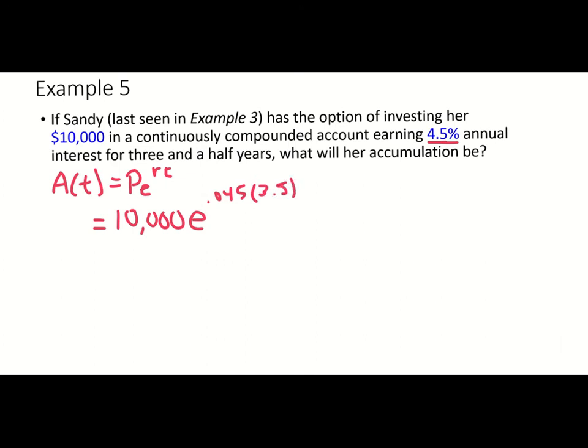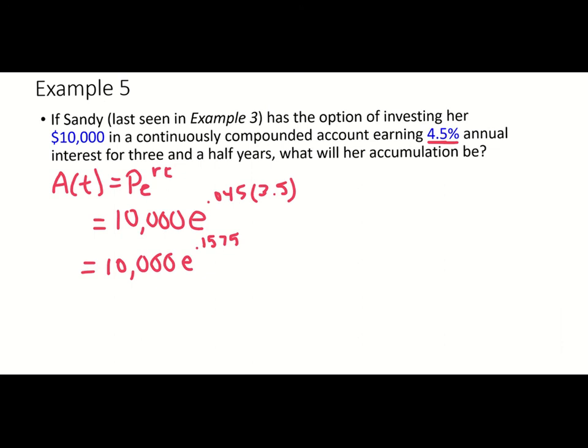All right, so what I'm going to do is 0.045 times 3.5, so I can get that decimal. So this is what we have right now: 10,000 times e to the 1,575 10,000ths power, or 0.1575. So I'm going to do e first.